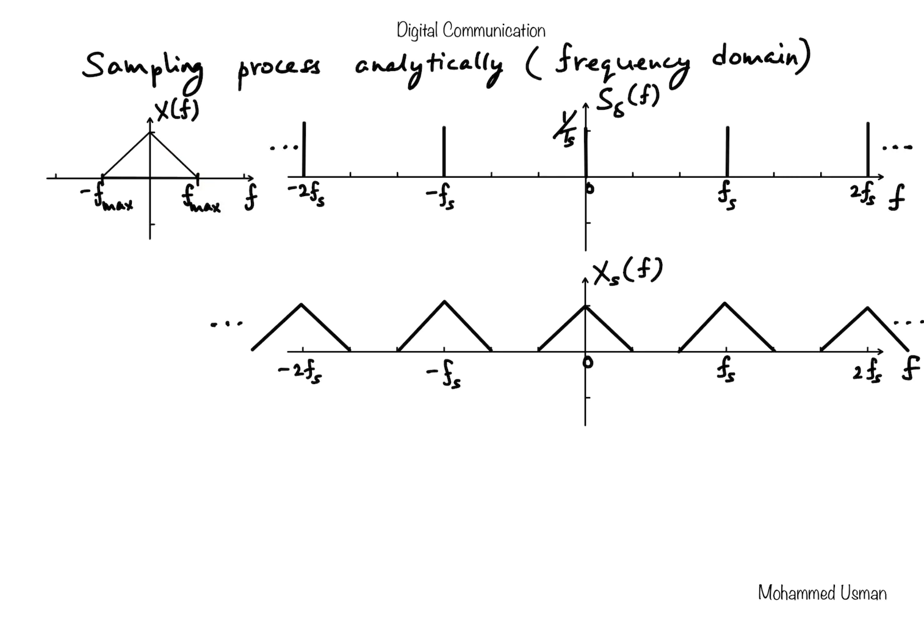So the magnitudes of the higher frequency components are usually weaker than those of the lower frequency components, and hence the general representation of the spectrum for a baseband signal is in this triangular form.